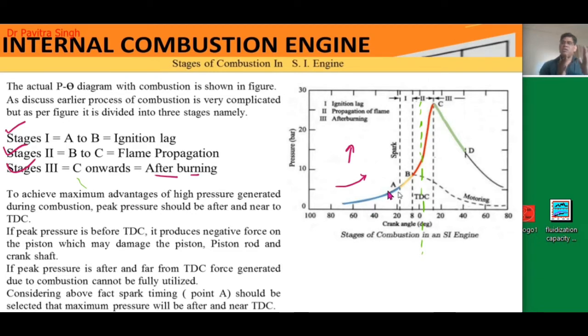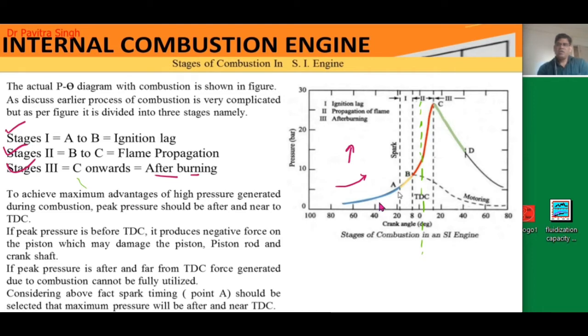It means the volume is decreasing, and if volume is decreasing, pressure is increasing. Clear? This process is called the compression process, in which the air fuel mixture is compressed.